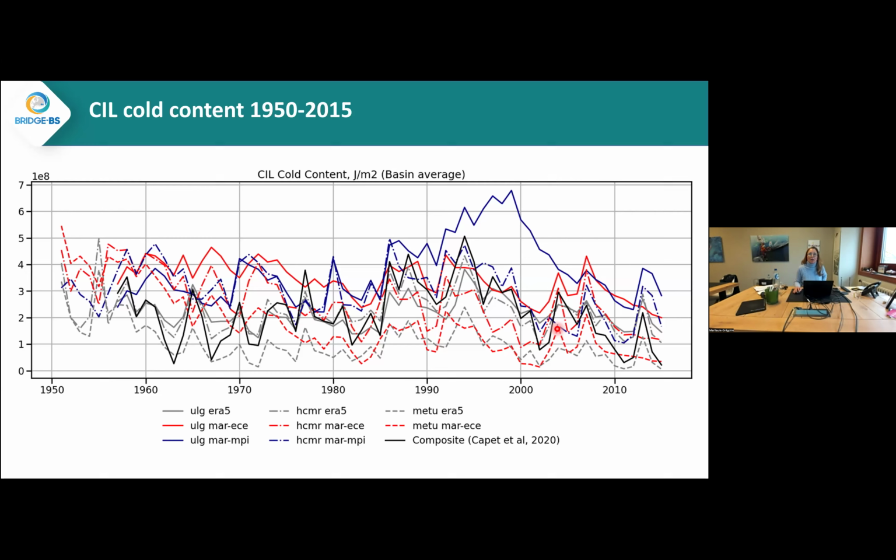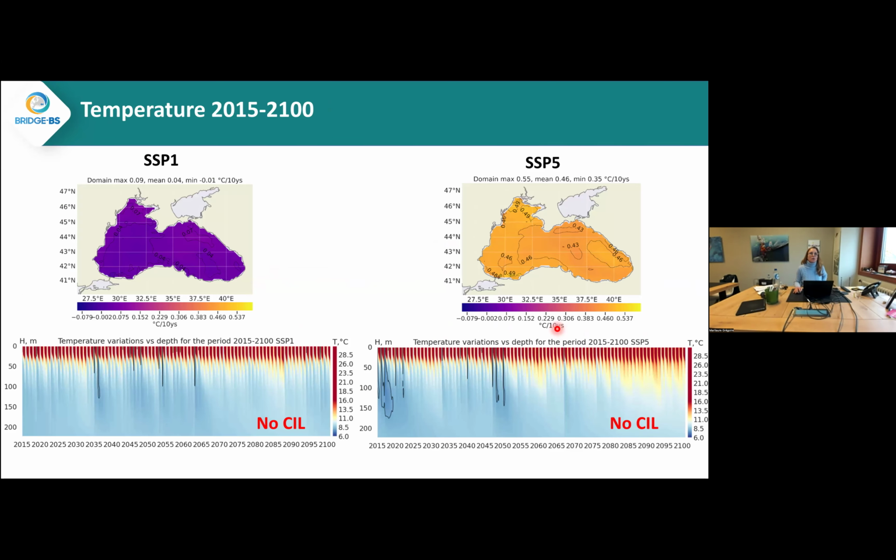You have here the plot of temperature. You see the depth here and the time here, and the CIL is really the temperature value below 8 degrees. And then you see that after 2050, you have no CIL in both scenarios.